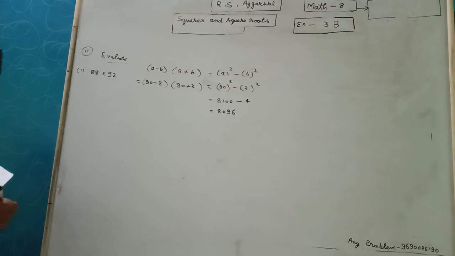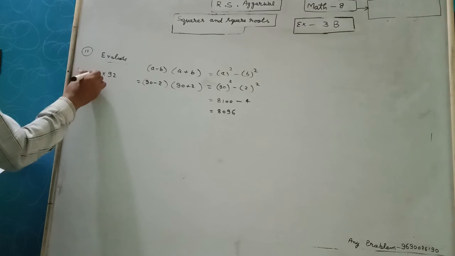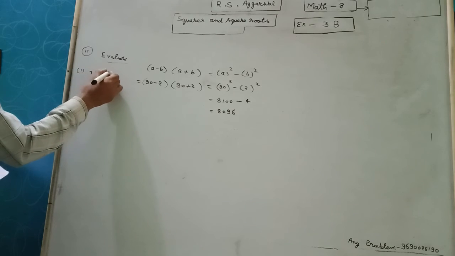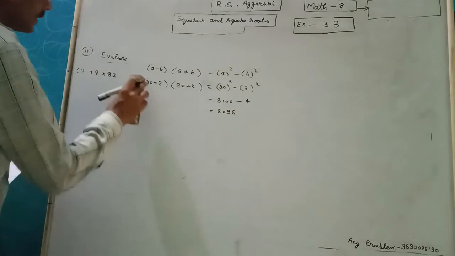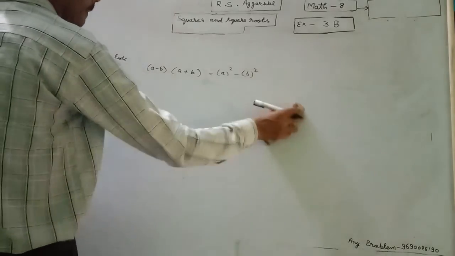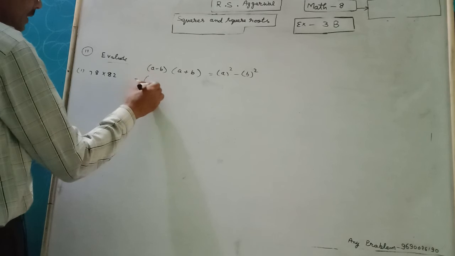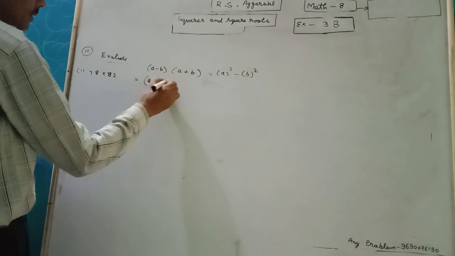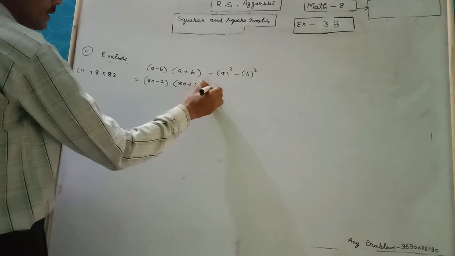First part is complete. Second part is 78 and 82. 78 write as 80 minus 2 and 82 write as 80 plus 2.